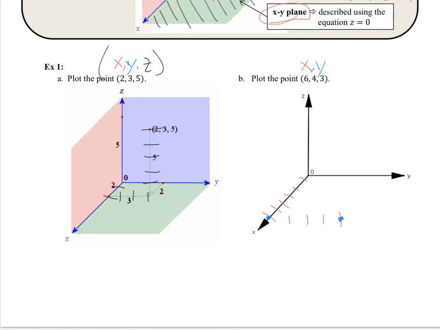If we were to plot this as a box, this is at 4, and this is at 6. So our x is still 6, and our y is 4. Now our z is 3 units high, so we're going to move 3 units up: 1, 2, 3, moving parallel to the z-axis.